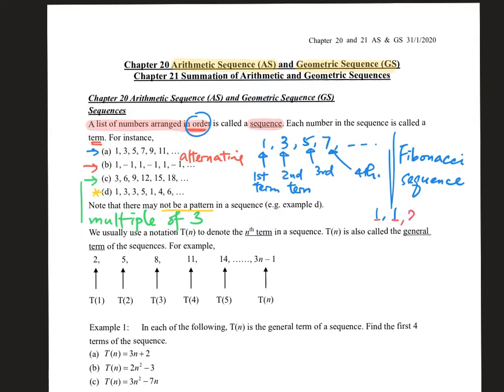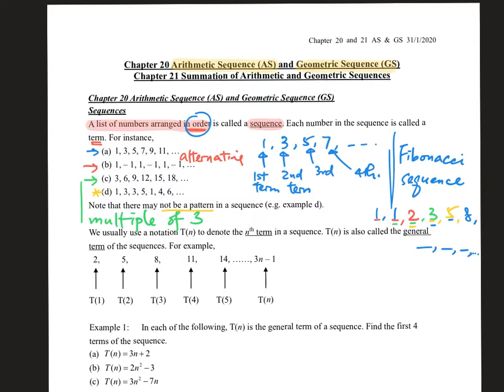That means 1 plus 1, I have 2. The next one would be 1 plus 2, so you get 3. Next, 2 plus 3, you get 5. Afterward, 3 plus 5, you get 8, for example. Let's see whether you can write down the next 3 numbers, and afterward you can check it on the internet.